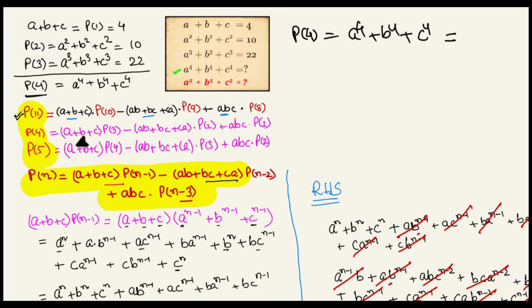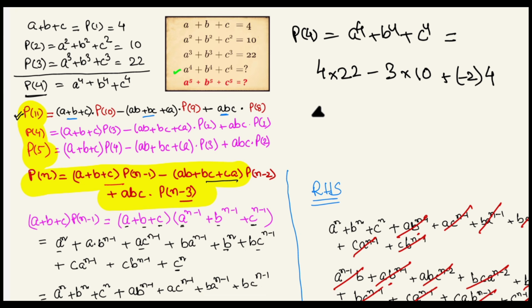This will be equal to (a + b + c), which is 4, into P3, which is a³ + b³ + c³, which is 22, minus (ab + bc + ca), which has come as 3, into P2, which is a² + b² + c², which is 10, plus abc, which is -2, into P1, which is a + b + c, that is 4.